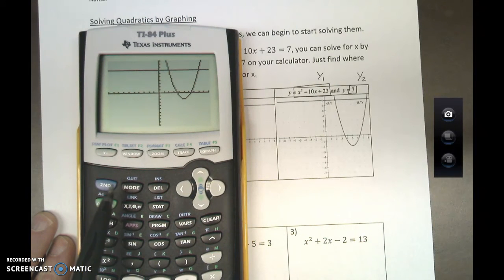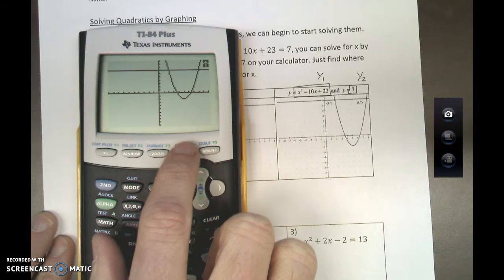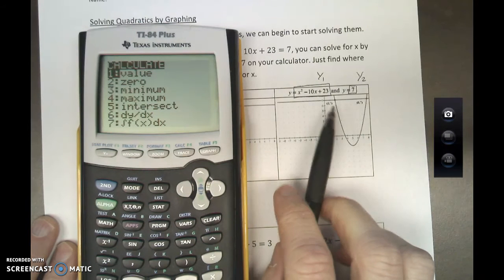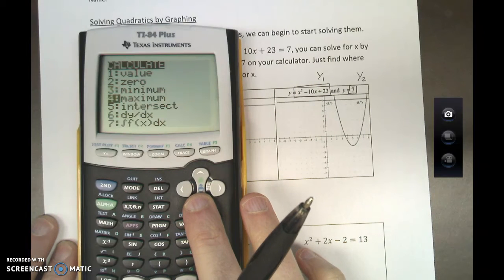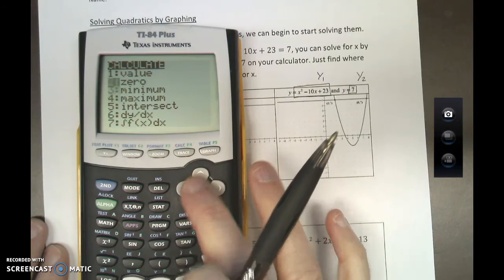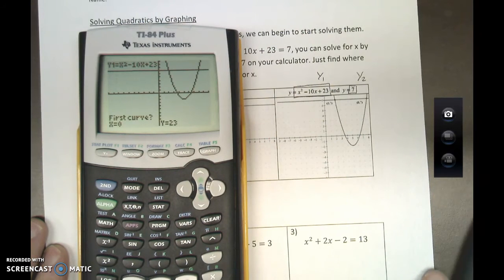So if you click second, then click trace, which is right next to graph, you'll get this screen of options. We're looking for where these 2 points intersect. So there's the word right there where it says intersect that hopefully you can see is number 5. So I'm going to move my cursor down to number 5, hit enter, and now my calculator is asking me a question. It's asking me to identify the first curve that I'm looking for.